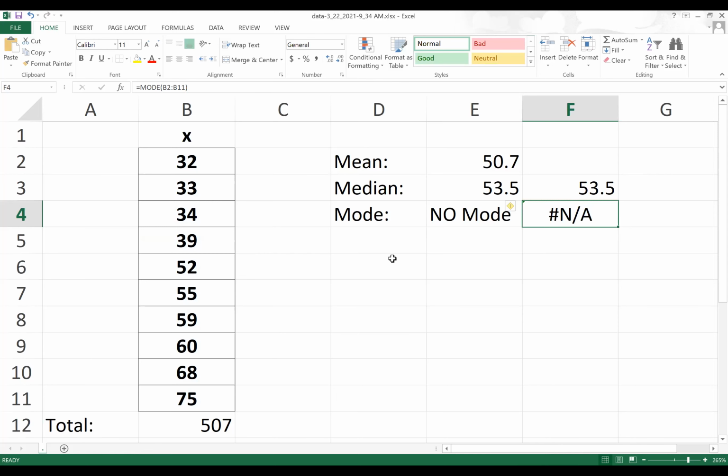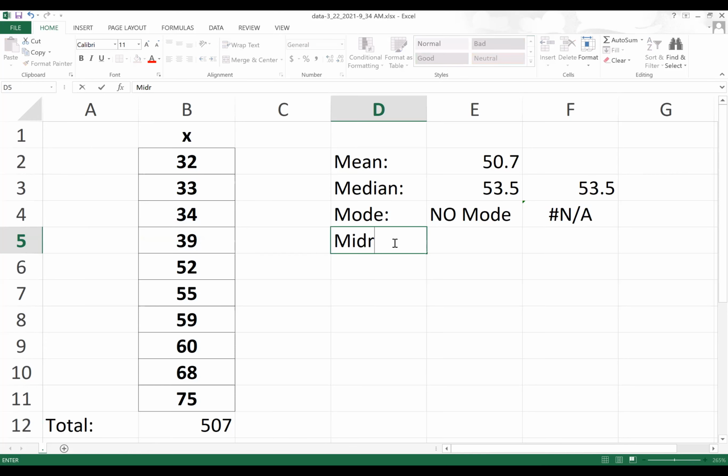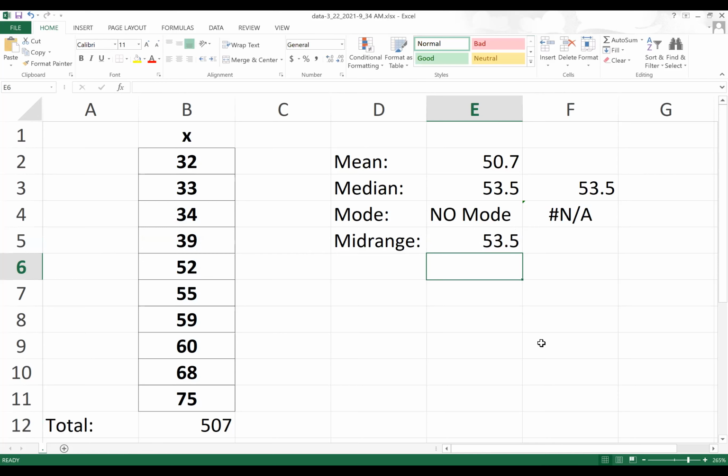And mid-range. Mid-range is the maximum data value plus the minimum data value, divided by 2. So 75 plus 32, divided by 2. That's the mid-range. The mid-range turns out to be the same as the median.